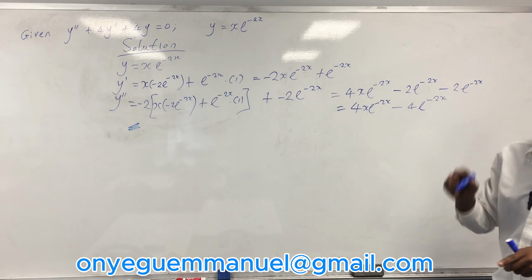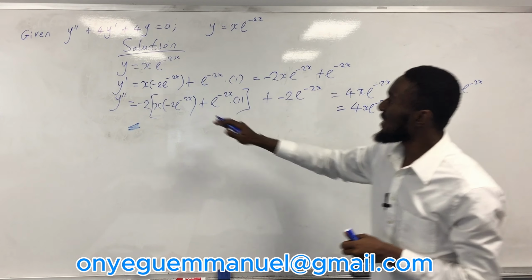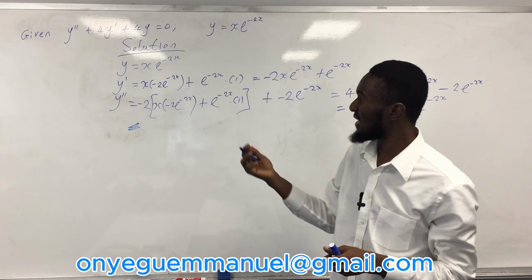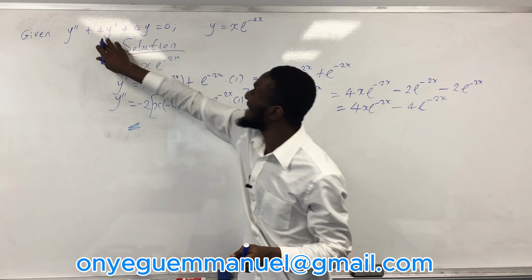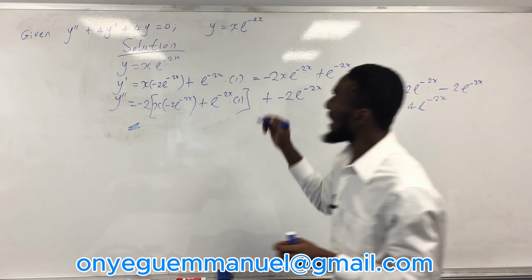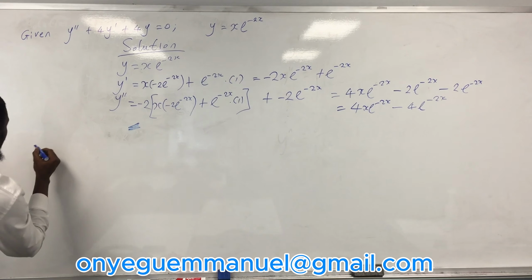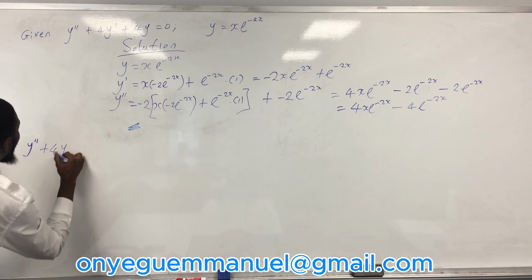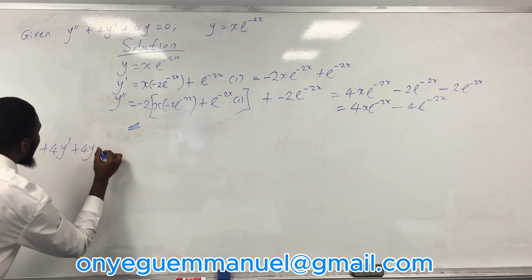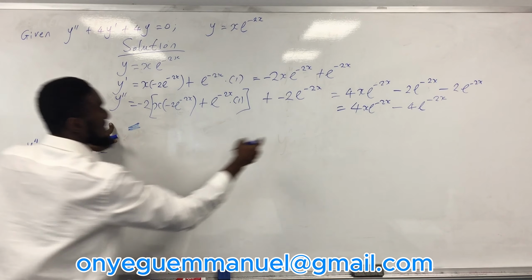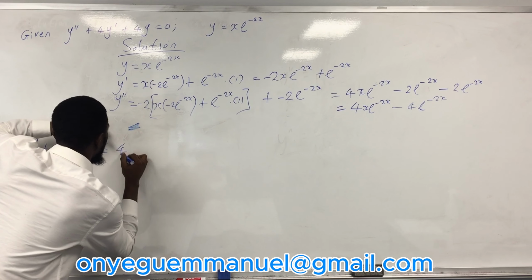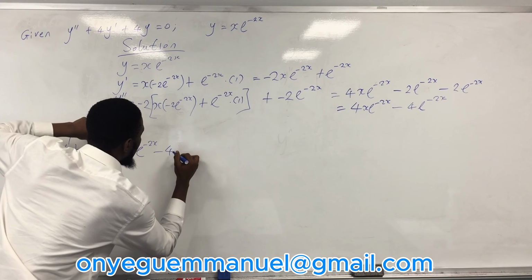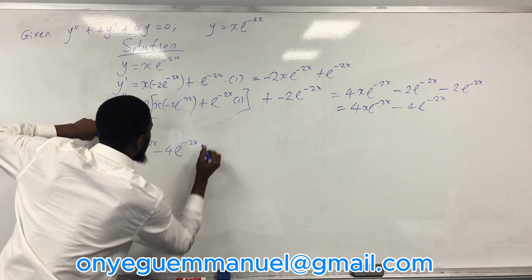Yeah, that's correct. Now we have our y, our y prime, which is our first derivative, and our y prime prime, which is our second derivative. So what do we do now? We plug this into the equation. From this equation, we have y prime prime plus 4y prime plus 4y equal to, what's our y prime prime? y prime prime is 4x exponential minus 2x minus 4 exponential minus 2x.